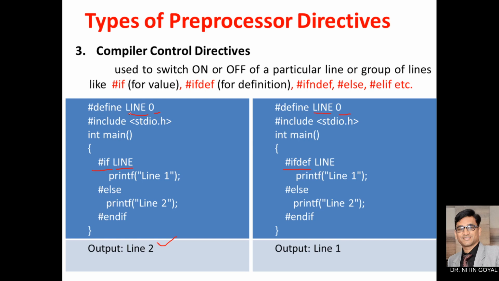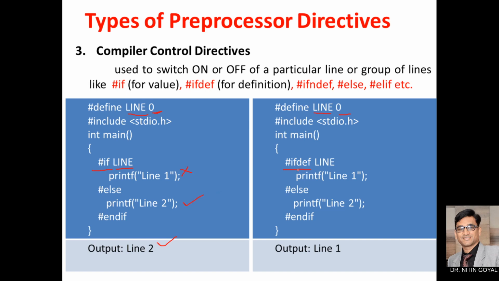Yes, it exists, but the value is 0. If it checks, it will be #if 0. And if something is 0, then it will not get executed. As we know, it is the rule in programming. If something is 0, it will not get executed. It will go to the else part. So that's why it will execute line 2.